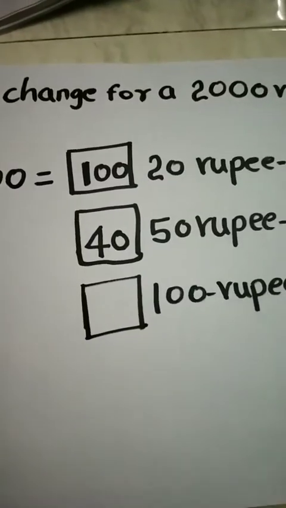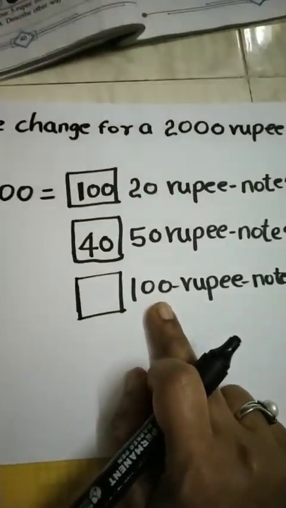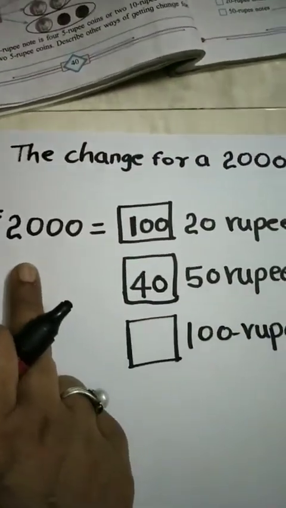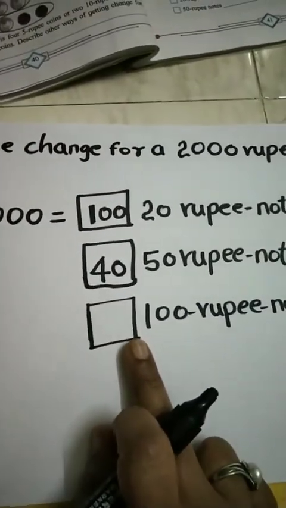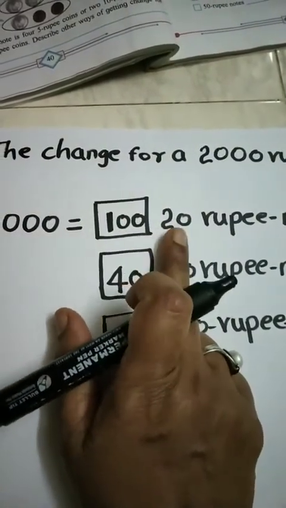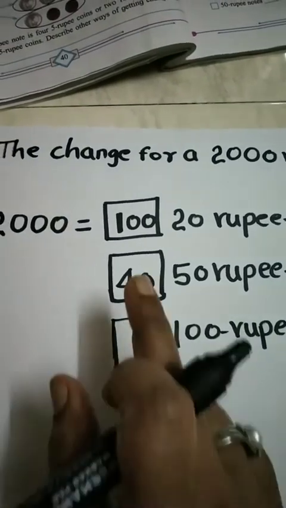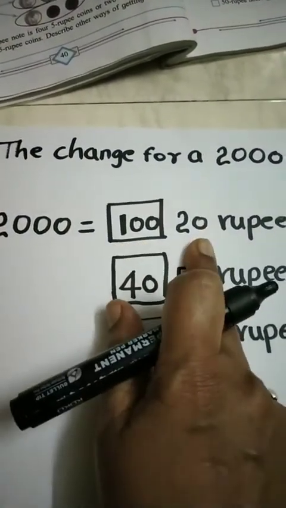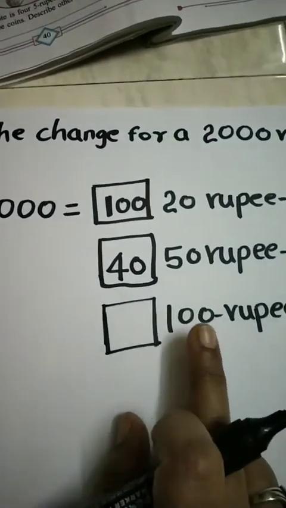Next, how many notes of 100 rupees do you need to make 2000 rupees? Can you see this number over here, 120, this combination? Same combination you have to reciprocate. 100 was here, and 20 was this side. Now 20 will come this side, and 100 is already over here.